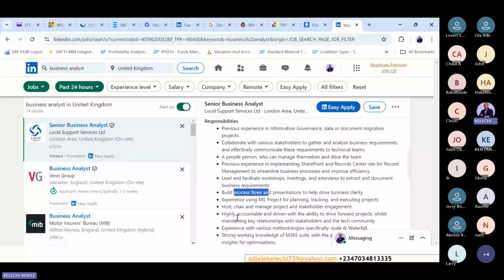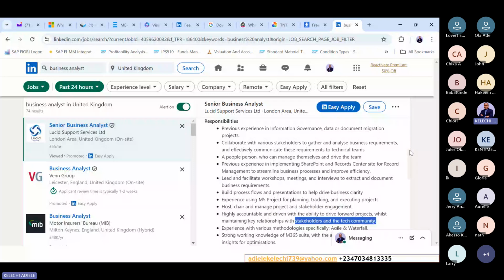Highly accountable and driven, ability to drive forward projects while maintaining key relationships with stakeholders and tech community. Guys, BA is in between business and IT. So it's just confirming all that I've said. The BA sits in between these two guys.